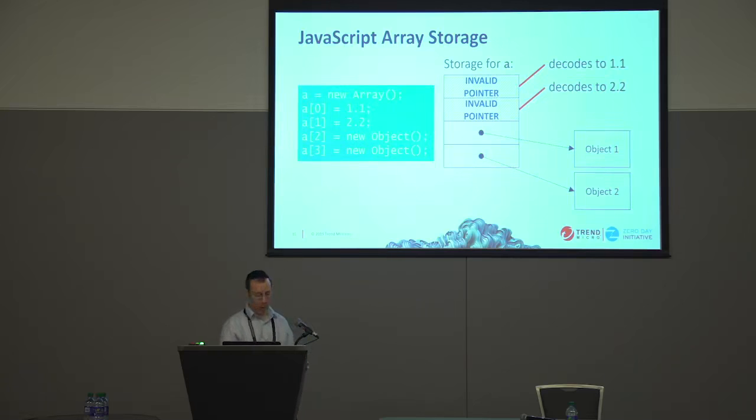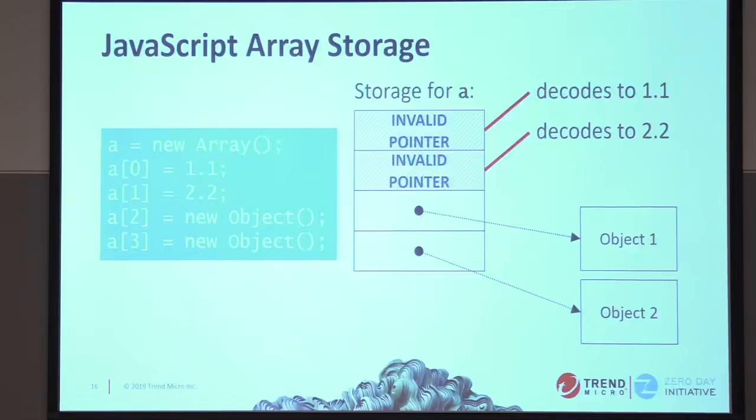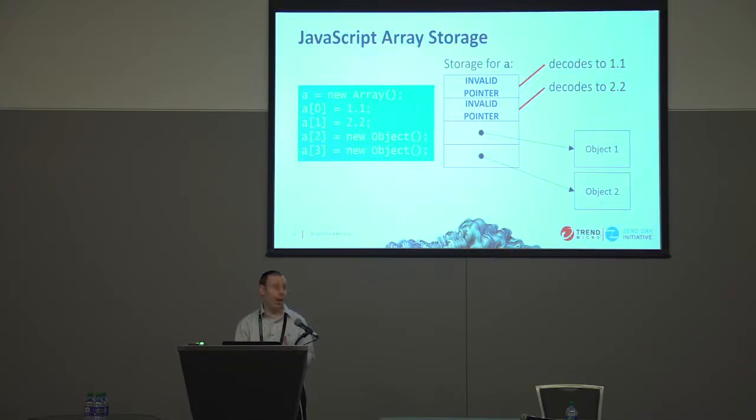Suppose we create an array A, and into this array we put 2 floating point values and 2 JavaScript objects. Since this array does not contain exclusively numerics, the engine cannot store it simply as a block of floating point values in memory. Instead, each element in memory must be capable of representing either a numeric or a pointer to an object.